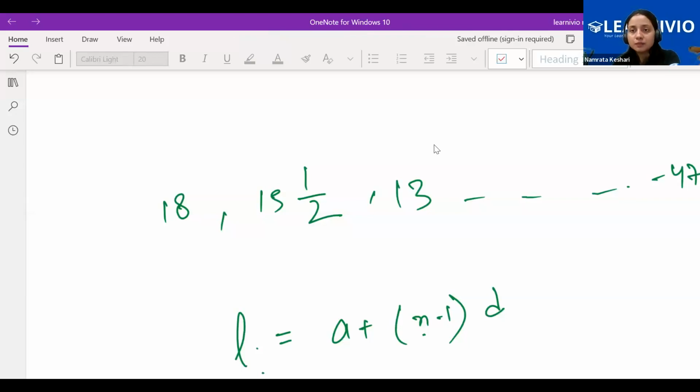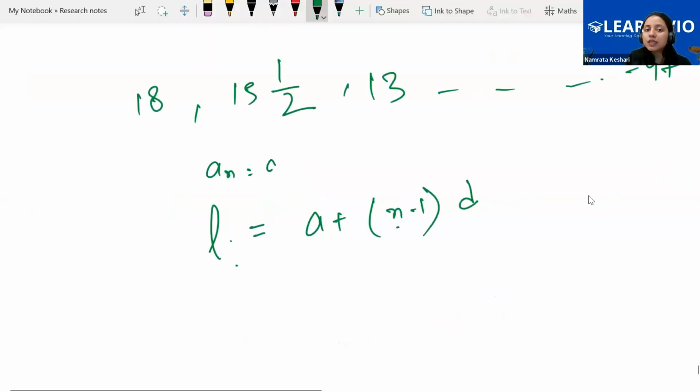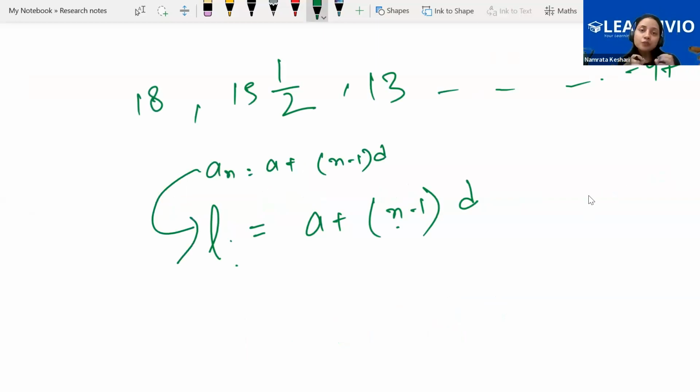So the formula which we have learned, an is equal to a plus (n minus 1) into d, can also be used in this way. If you are just focusing on the formula, then directly you can take the formula L is equal to a plus (n minus 1) into d.